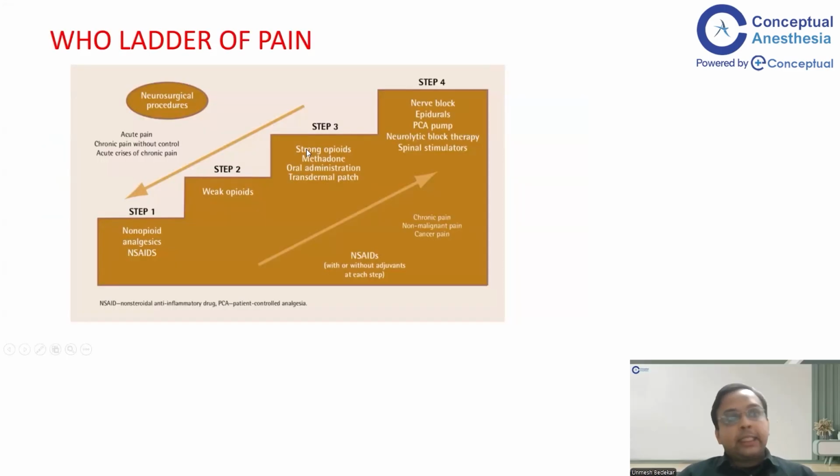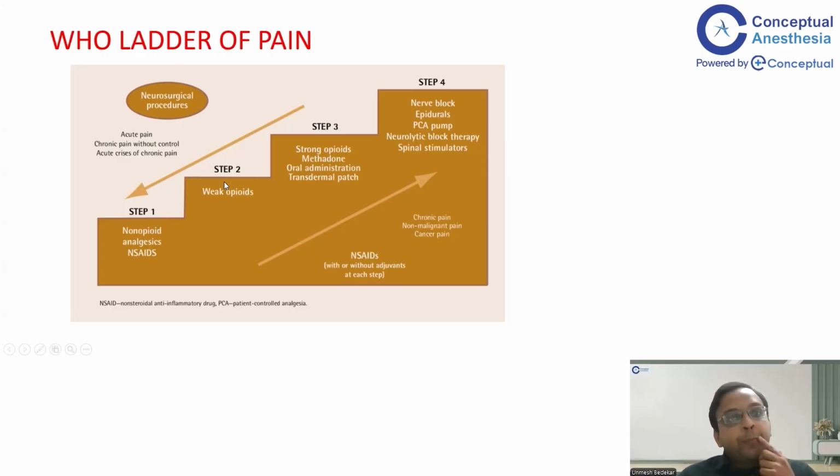Coming to the next sub question, that is the WHO ladder of pain. Whenever a patient is suffering from chronic pain, non-malignant pain, or cancer pain, we have to start from step 1 and increase up to step 4. Step 1 consists of non-opioid analgesics and NSAIDs.